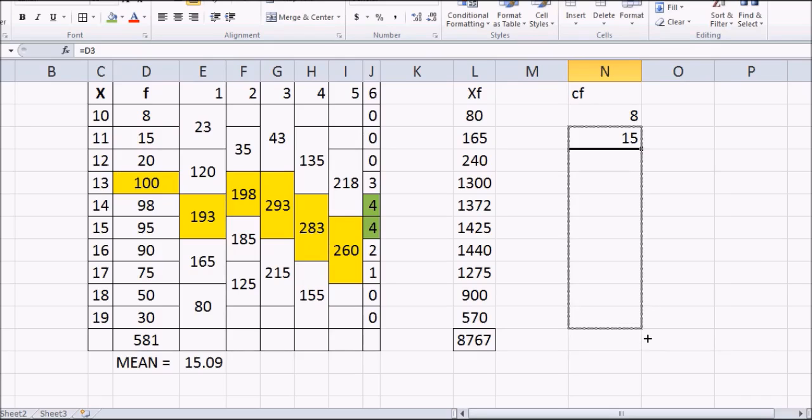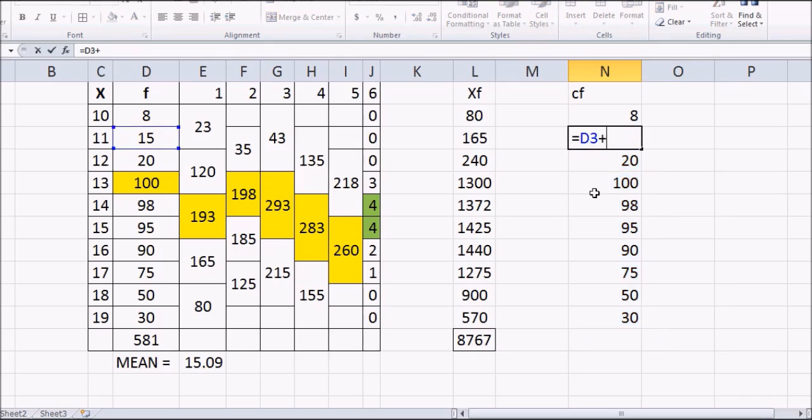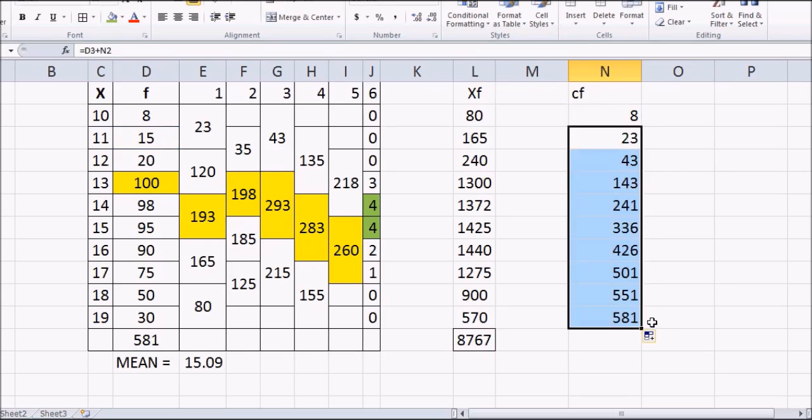The last one should come as 581. Oh, sorry, I think it did not get summed. Oh no, the formula is not complete, so it's 15 plus 8, yeah, 23. The next should be 23 plus 20, 43. Yeah, it's working now. So on, and 581.